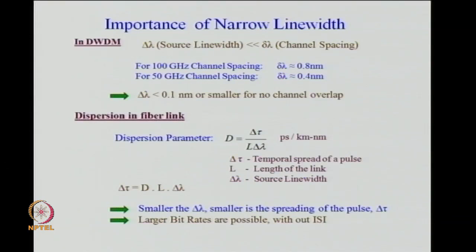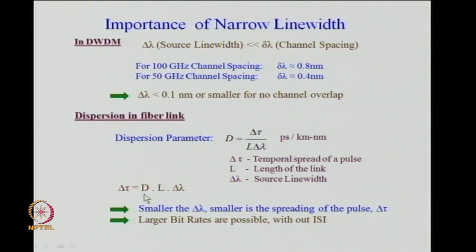Delta tau here refers to temporal spread of a pulse. L is the length of the link, and delta lambda is the source line width in this expression. And therefore, delta tau, which is the pulse spreading, the spreading in time, is equal to D into L into delta lambda. Any given fiber is characterized by the parameter D.